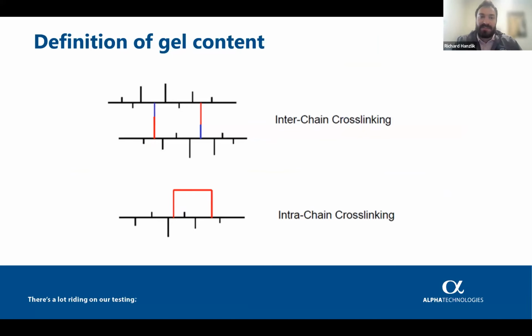So for case number 5, we're going to talk about the detection of gel content. And before we can get into the experimental model for the detection of gel, first we need to explain what gel is. Essentially, gel is areas of very high molecular weight that can strongly impede the processability of a rubber.